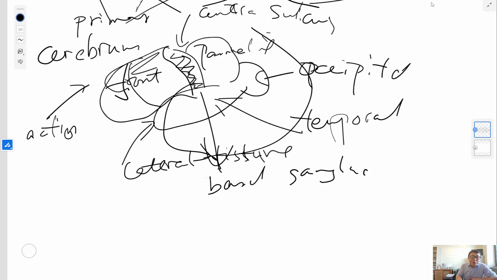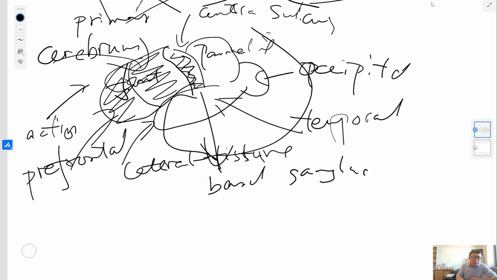Before the primary motor cortex, this is called the motor association region, the premotor cortex. This premotor cortex does a lot of the planning of the action and the processing, and eventually feeds information to the primary cortex.